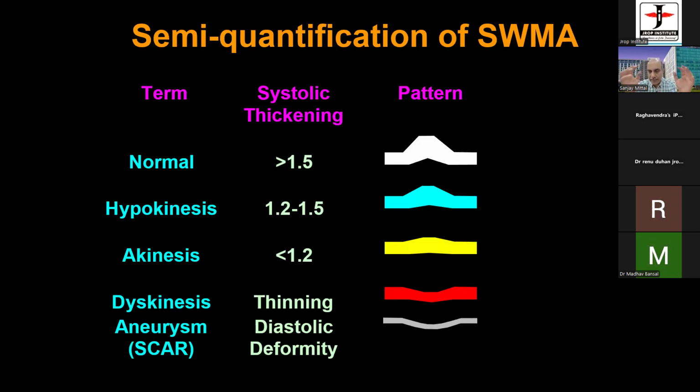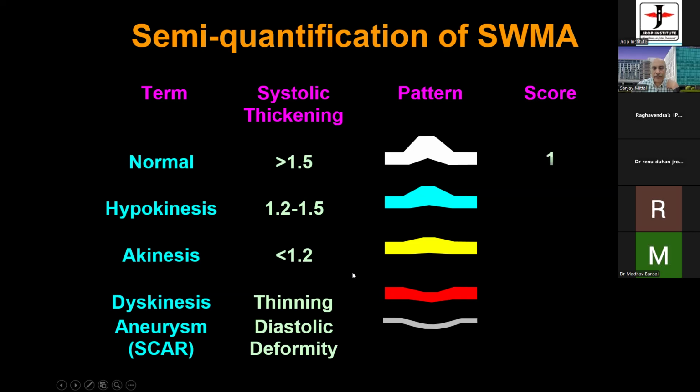So in simple dyskinesis without aneurysm, the diastolic shape of the ventricle is maintained, and in systole, it goes out and becomes thinned out. Whereas aneurysm means there is an outpouching even in diastole and it worsens during systole. So that is the difference between dyskinesis and aneurysm.